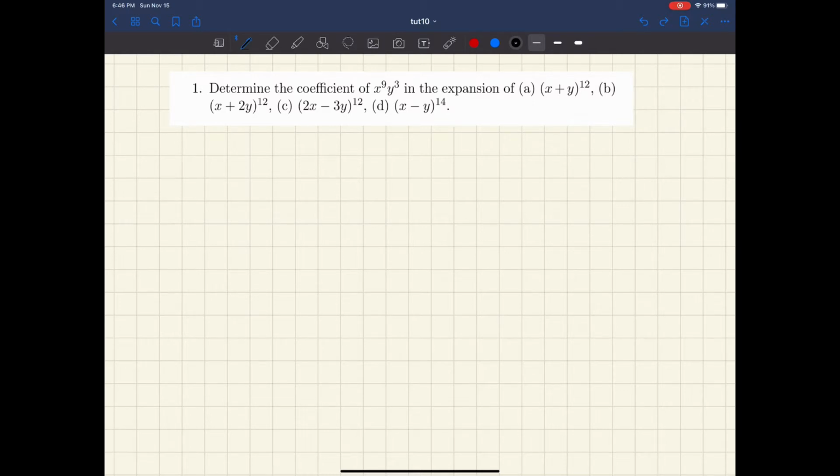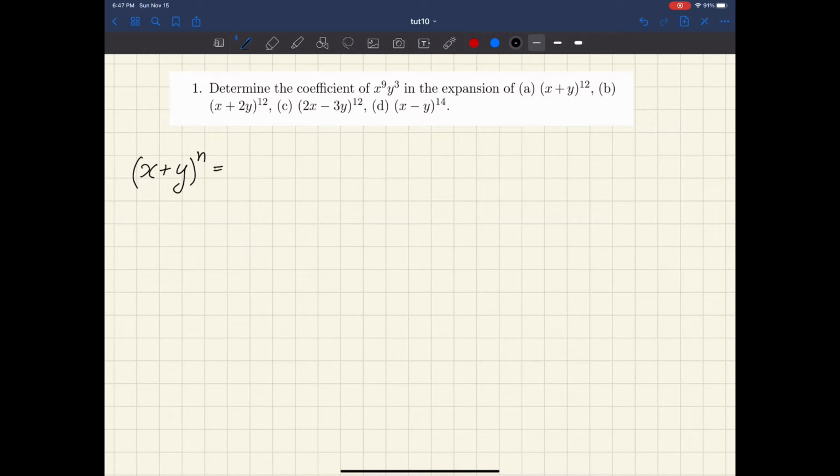And the coefficient a of each term in the expansion is a specific positive integer, and it depends upon n and these exponents b and c.